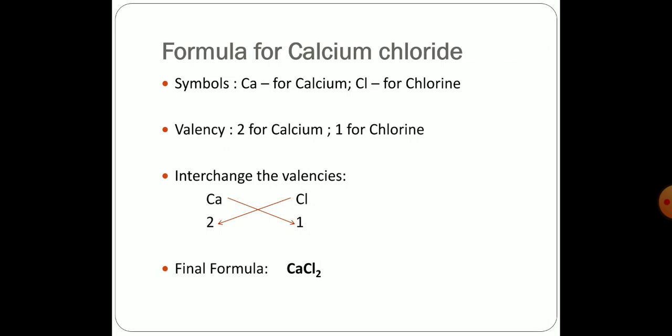That is where we write it in the subscript. Subscript means one level below. Since we have interchanged, the valency of calcium is 1, we are not going to mention 1 there. So we leave it as it is. So it is CaCl2. This is how we are going to arrive at the formula for all the compounds.